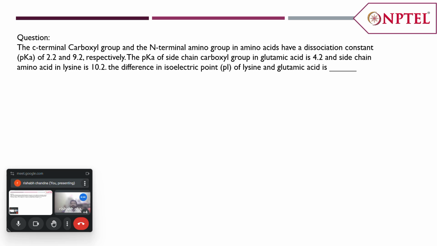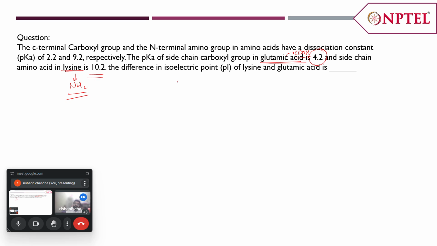Glutamic acid, as you know, is an acidic amino acid, so it has an extra COOH group, and lysine has an extra amino group because it's a basic amino acid. The pK value of the side chain carboxyl group of glutamic acid is 4.2, and the extra amino group of lysine is 10.2.